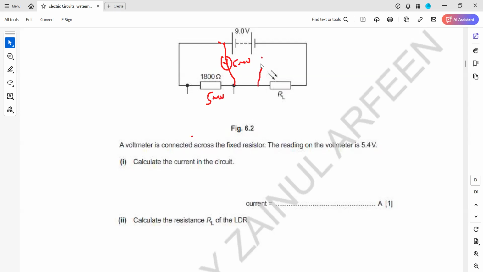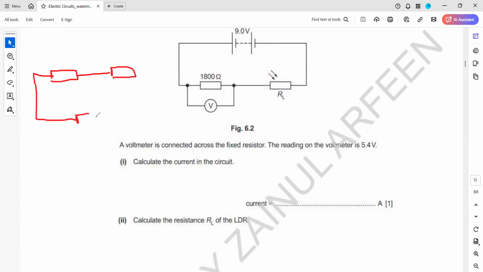If I connect a voltmeter like this, it will read 3.6. If I connect a voltmeter like this, it will read 9, if the battery has no internal resistance. But when two branches are there, your question is actually related to a potentiometer, in which we have two branches in the circuit.